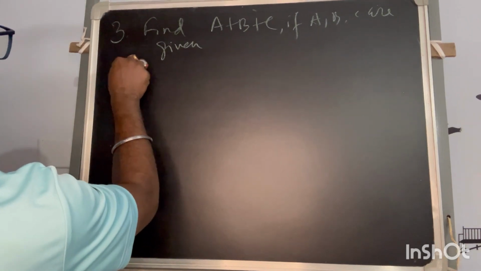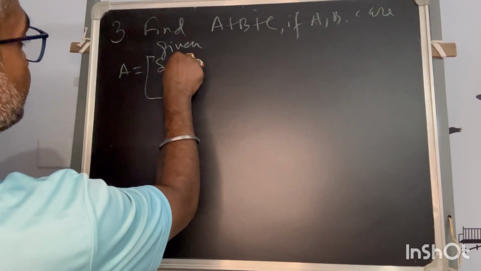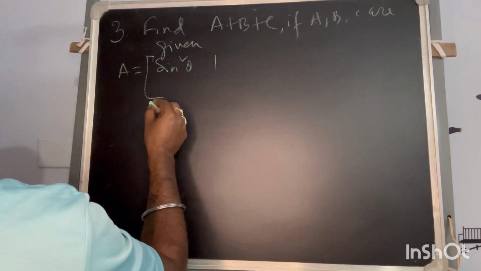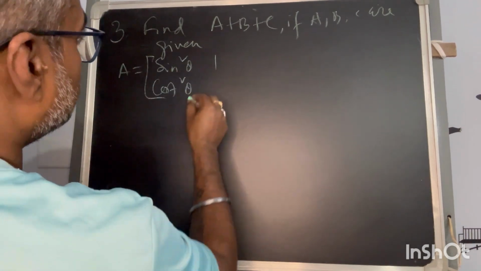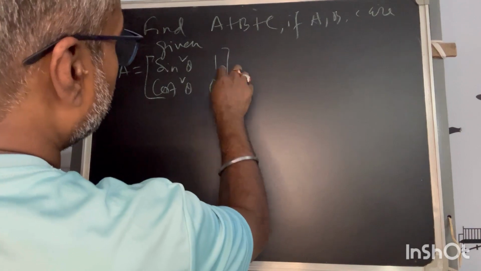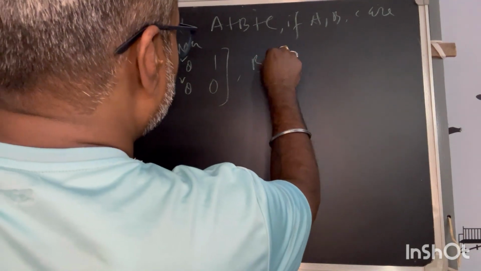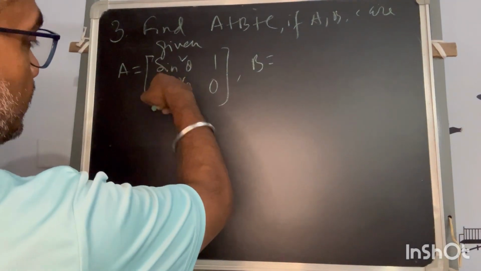First A is given as this, a relation which is trigonometric. So there are some predetermined relations, or pre-proved relations, you can say. Some relations are already established between these ratios. These are trigonometric ratios.